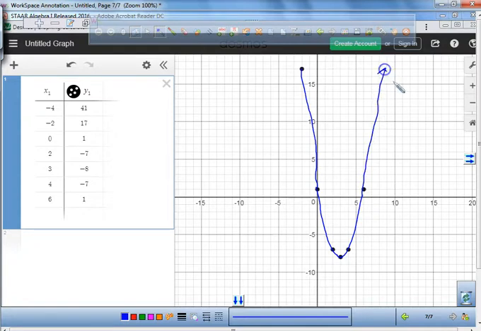Or you ever go to a restaurant where it said connect the dots? Okay? The range is how far the graph goes up or down. What do you think that lowest point is right there? What's that ordered pair? If you had to guess, out of this table, what would be that ordered pair?